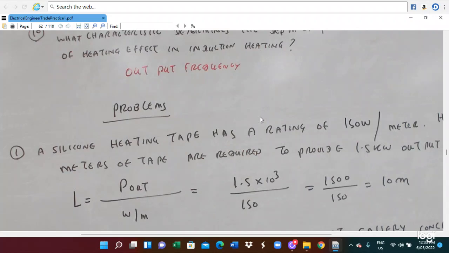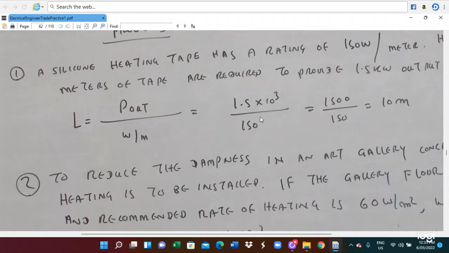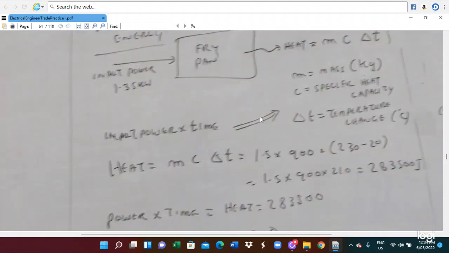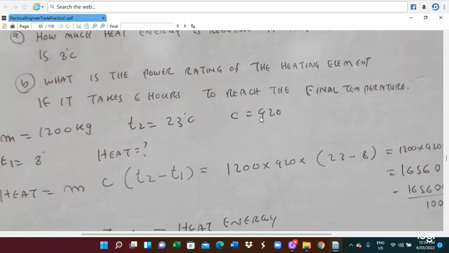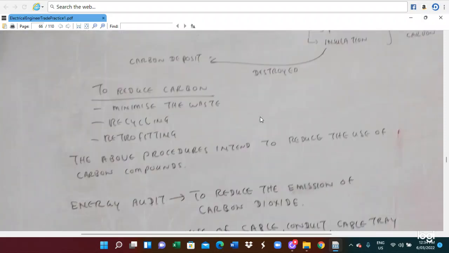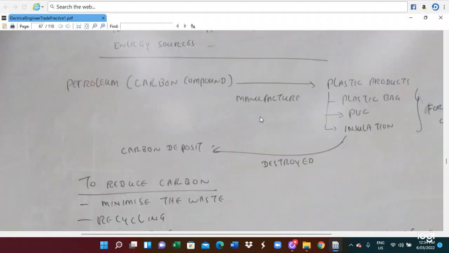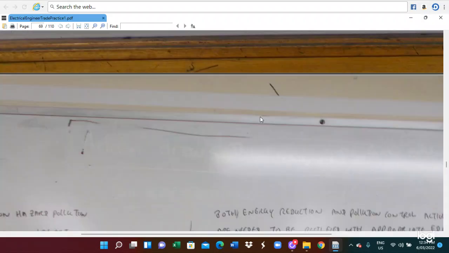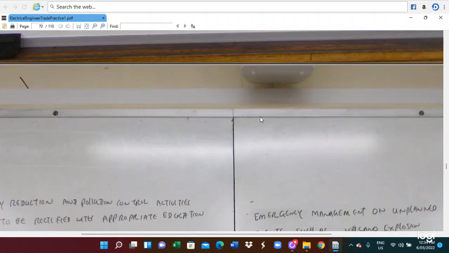Also, we solve the heating problem. We talk about the heat calculation. Also, we use the carbon reduction method. We explain about the energy auditing procedure, and also we explain about the kinds of lighting system.